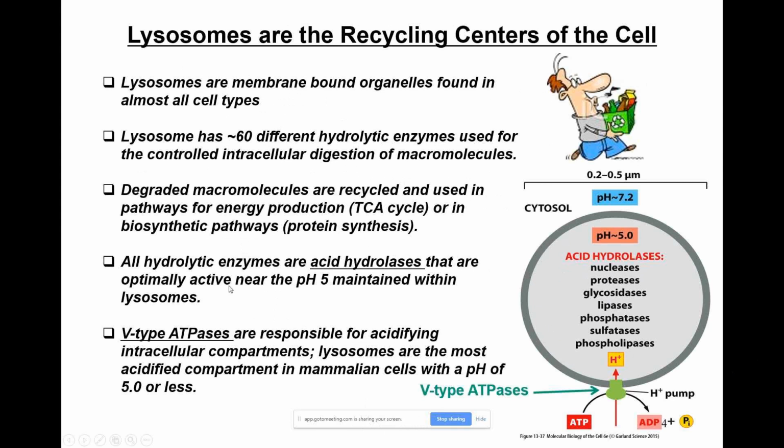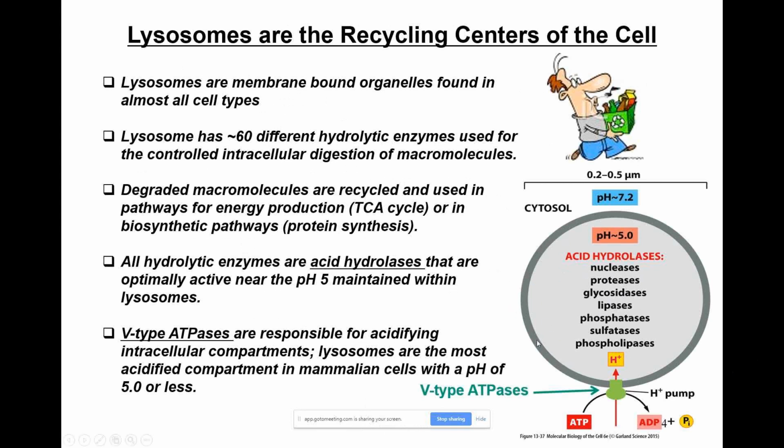These hydrolytic enzymes are often referred to as acid hydrolases. These are soluble proteins, and they're called acid hydrolases because they work optimally at the acidic pH found in the lysosome.